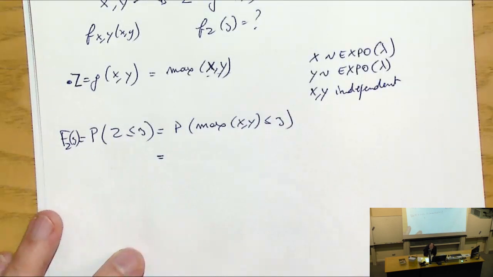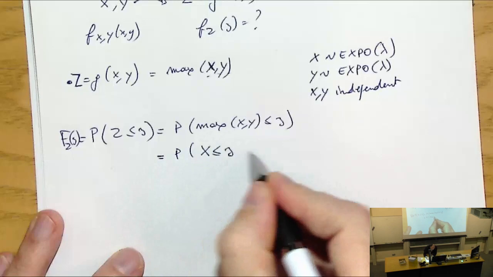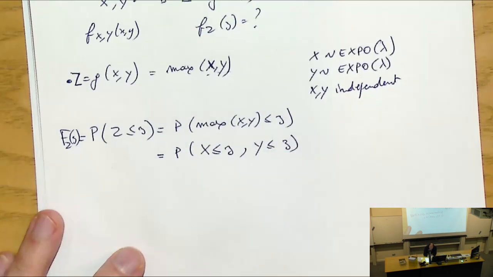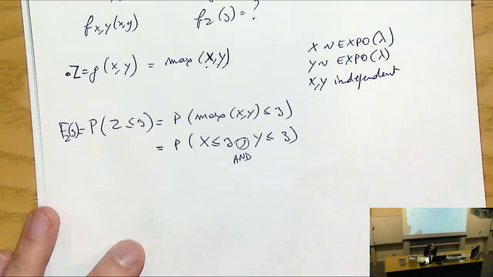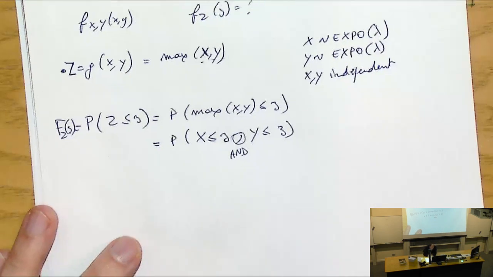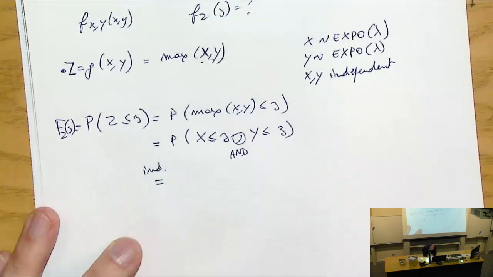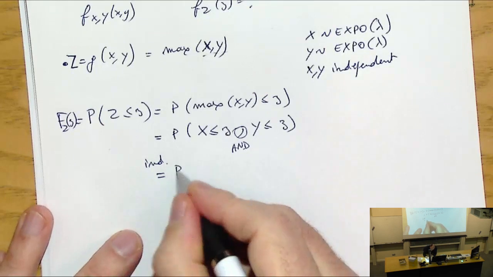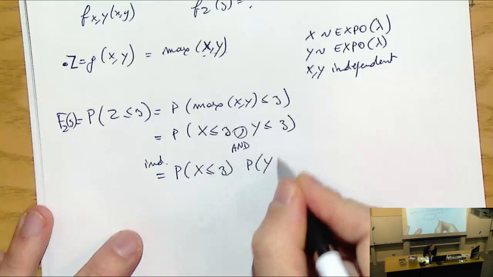Now, if the max of those two random variables is smaller than something, that means that x has to be smaller than z and y has to be smaller than z, right? This is an 'and'. Now, we know that we have independence, so this is the definition of independence.